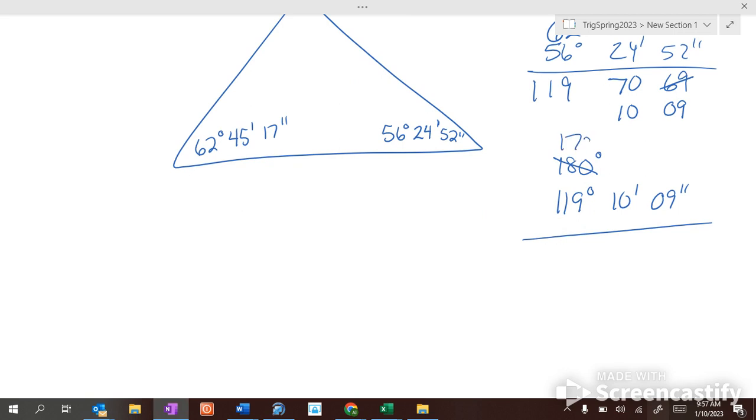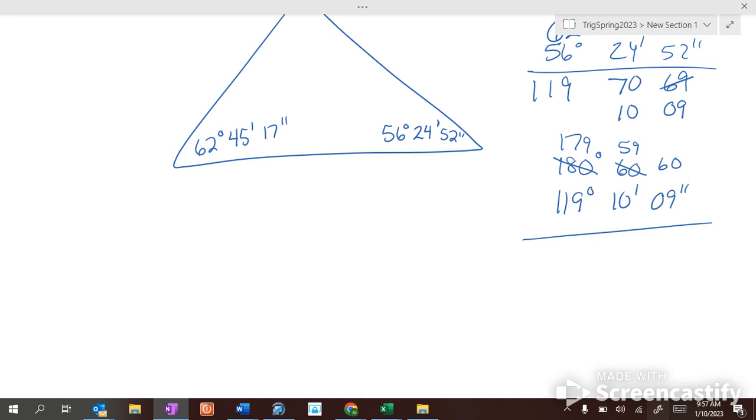180 makes 179. We borrow 60 seconds, but that's 60 seconds. So we have to borrow and make 59 or 60 minutes, and we have to borrow. So we get 60 seconds here. So we borrow. So 179 degrees, 59 minutes, and 60 seconds is the same as 180 degrees.